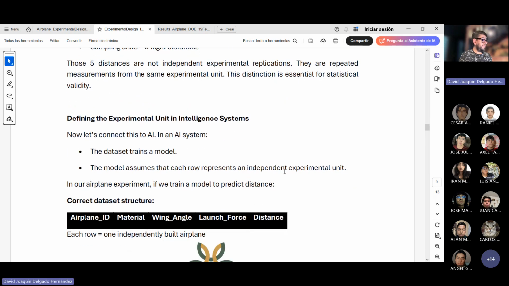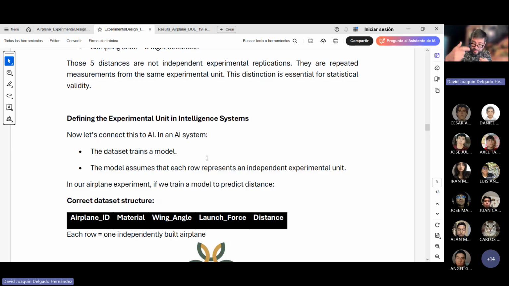How can we use this in intelligent systems? Well, when I have a model, you could see I had a linear model, a quadratic model, a cubic model, a polynomial model, exponential model, logarithmic model. I can have any model, okay? That is the intelligence, the artificial intelligence model, okay?